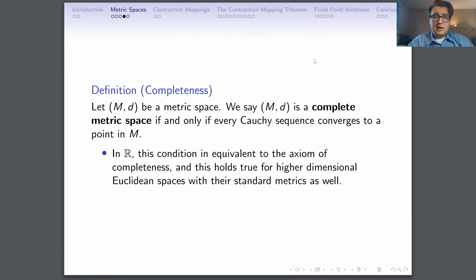So we say that a metric space is complete if and only if every Cauchy sequence in this space converges to a point in your set M, right? And so in R, this condition is equivalent to the axiom of completeness, and this holds true for higher dimensional R^n spaces with their standard metrics as well. However, like I said, depending on your metric, this will certainly not hold true for every space.